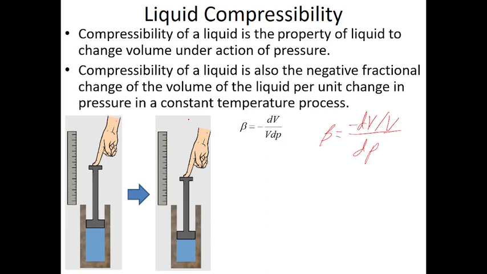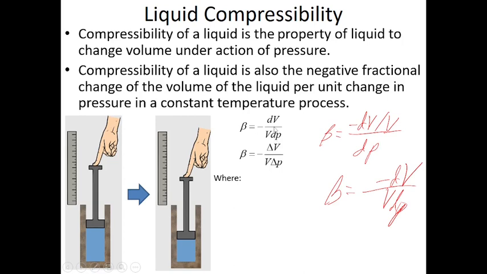So, paano siya naging negative dV V dP? Inayos lang natin. Yung over V, lalagay natin sa denominator. Pareho lang yan. Negative dV over V dP. And then, beta, other formula.